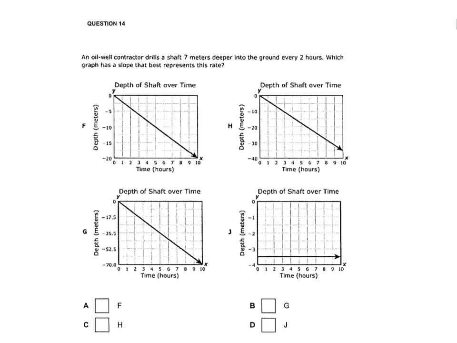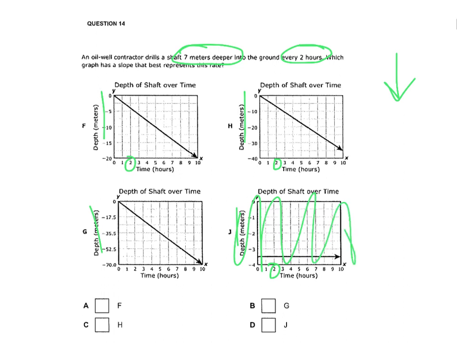An oil well contractor drills a shaft 7 meters deeper into the ground every 2 hours. Okay, so these on the side are all negatives because he's drilling down. So he's going below the surface. So we want to look at the 2-hour mark. Yep, straight line, goodbye. 2 hours.